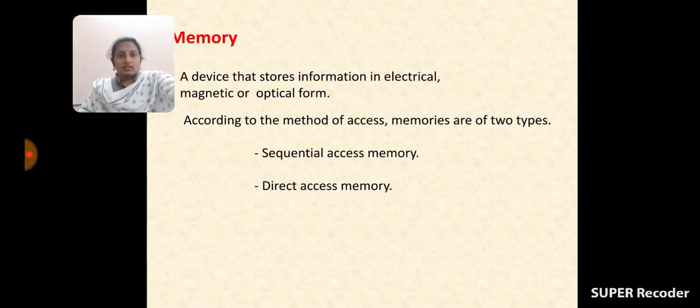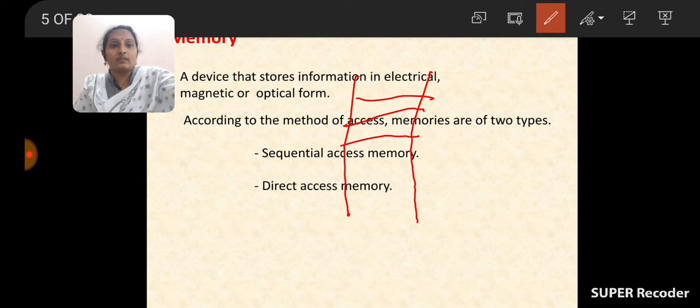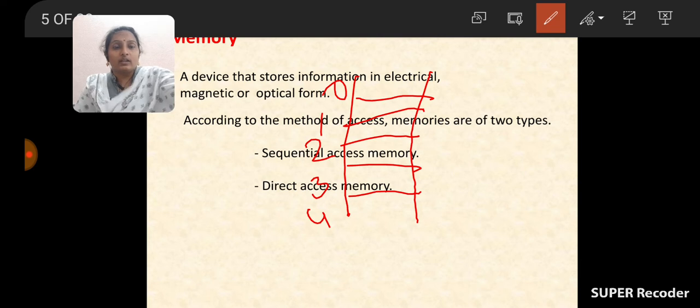Coming to the first one, sequential access memory. Look at this simple diagram. For example, a memory has some number of registers, 0, 1, 2, 3, 4, to store the information.